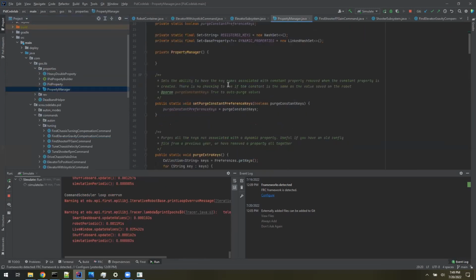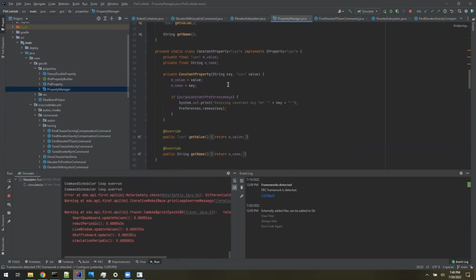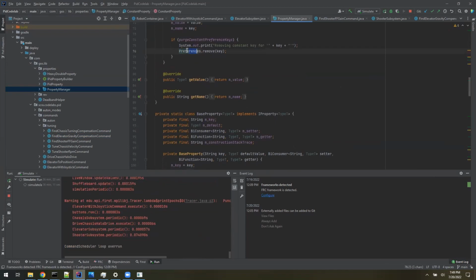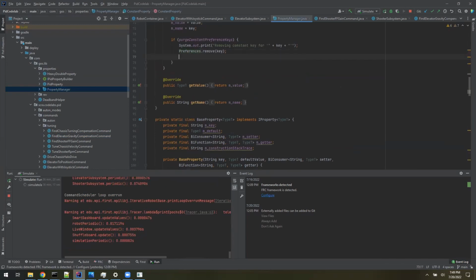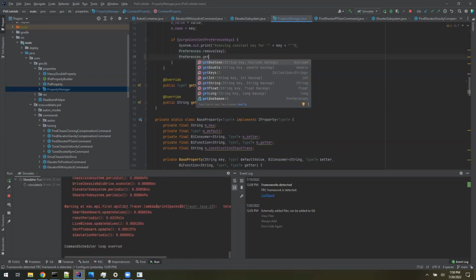So under the hood, it's making a call into the preferences API. This is coming from WPILib. So you can ask preferences for a double, a Boolean, whatever. You can also put it to overwrite it, although apparently that's deprecated.